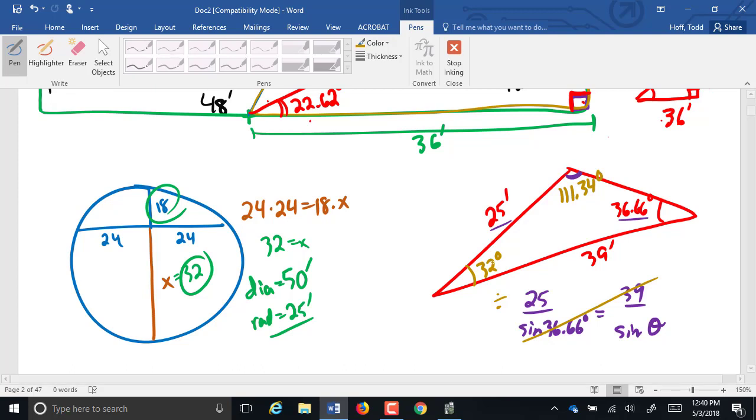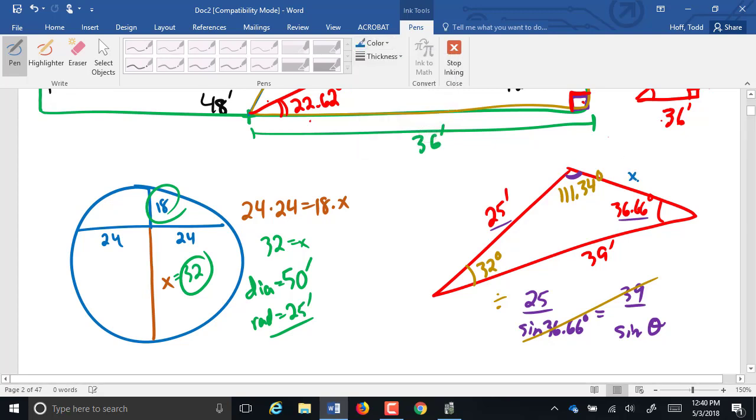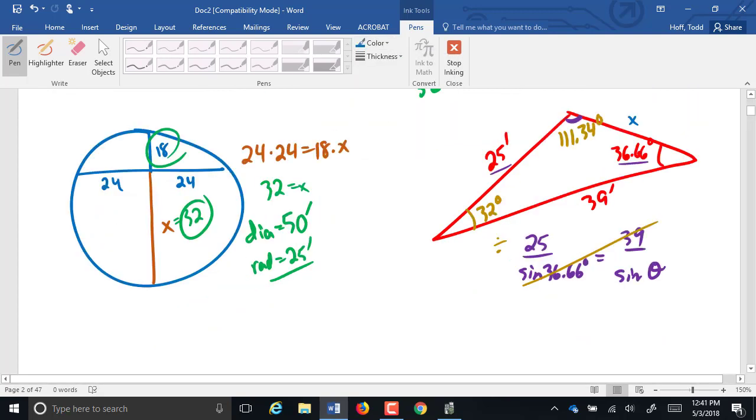Now, since we're going to do perimeter eventually, let's go ahead and find this length out here. How do we find that length? 25 over sine of 36.66 degrees equals x over sine of 32 degrees.